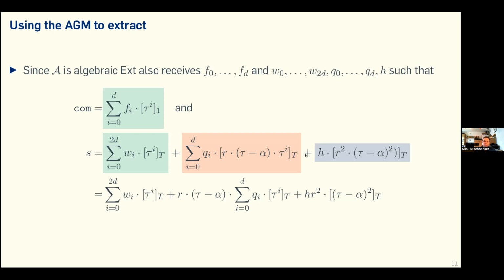And the blue part is the ciphertext paired with itself. And for each one of those possible group elements, the adversary specifies a coefficient, and then we get this large linear combination of all of these group elements, and this is the explanation for how S was computed.